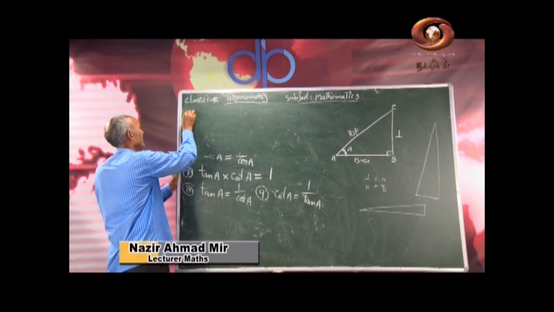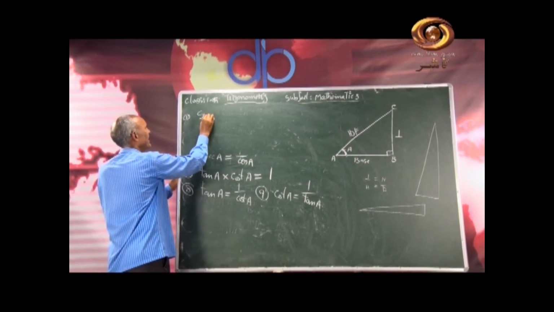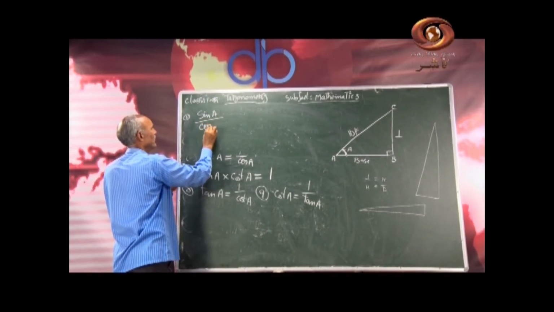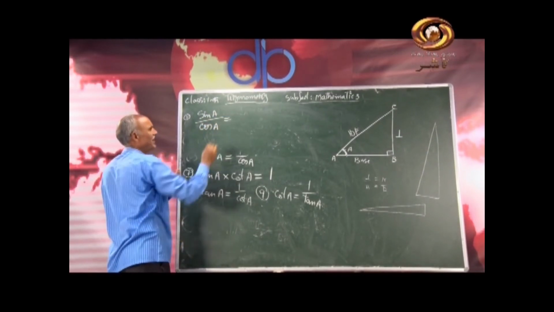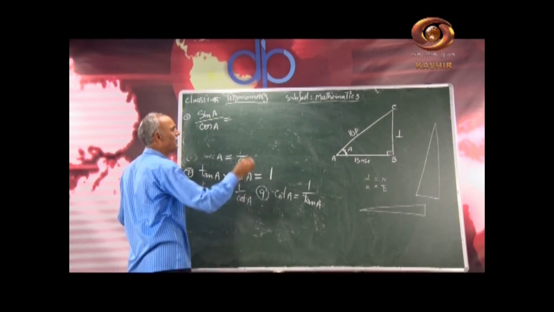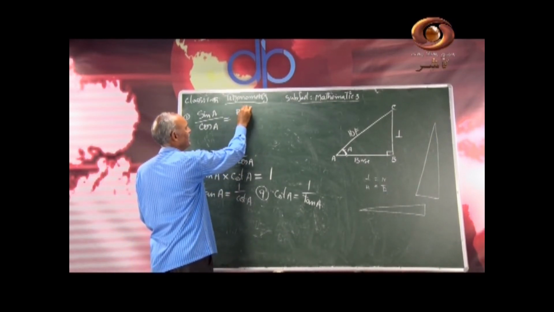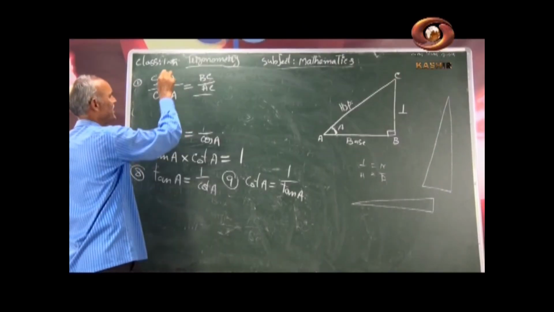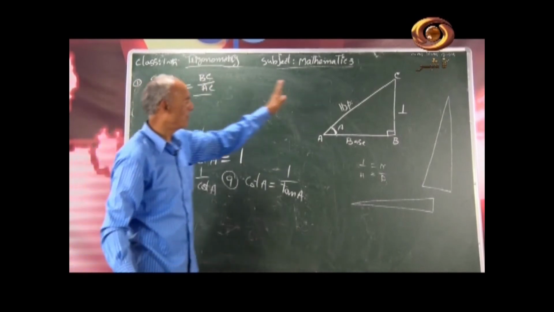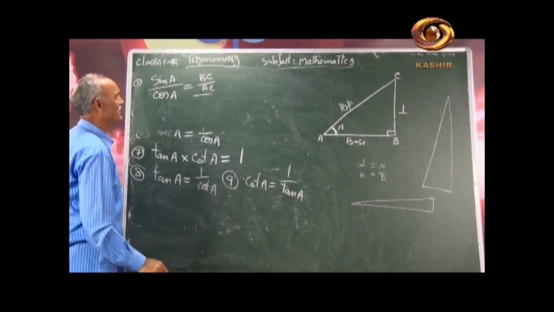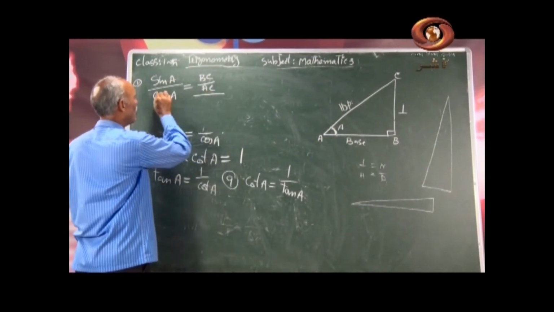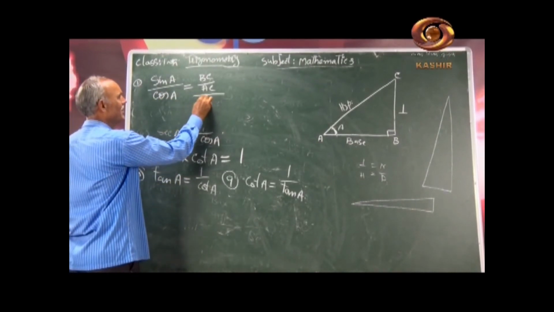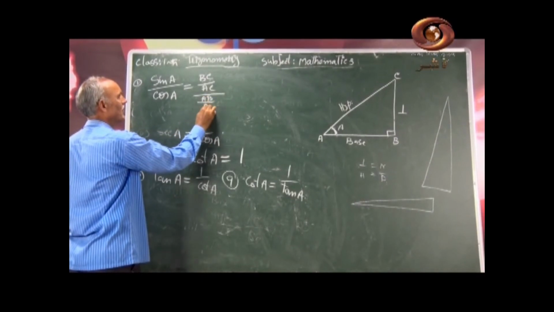We see if we take sin A divided by cos A, we see sin A is equal to perpendicular by hypotenuse, means BC divided by AC. This is for this sin A. And this ratio cos A is equal to base by hypotenuse, means AB by AC.